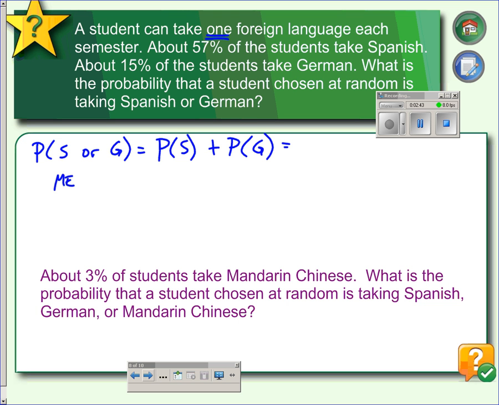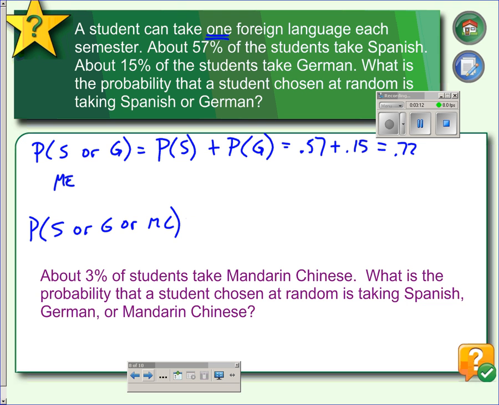Probability of Spanish is 57%. Probability of German is 15%. So if we add those together, we would get 72%. On the bottom here, about 3% of students take Mandarin Chinese. So what's the probability that they will choose Spanish or German or Mandarin Chinese?